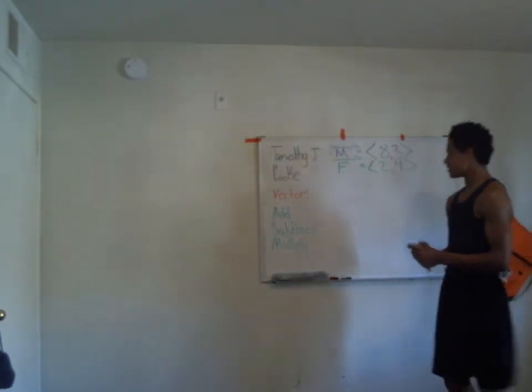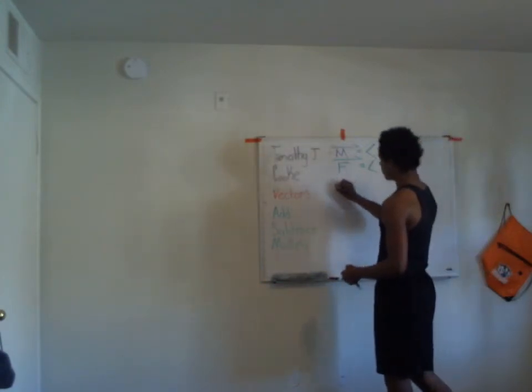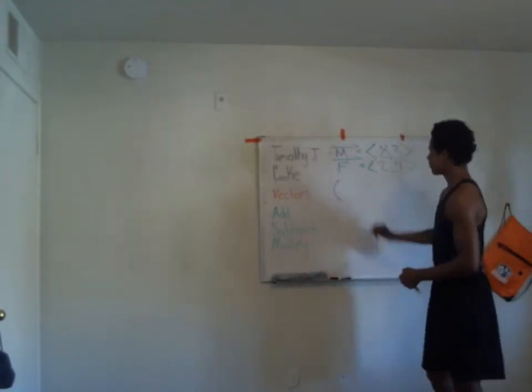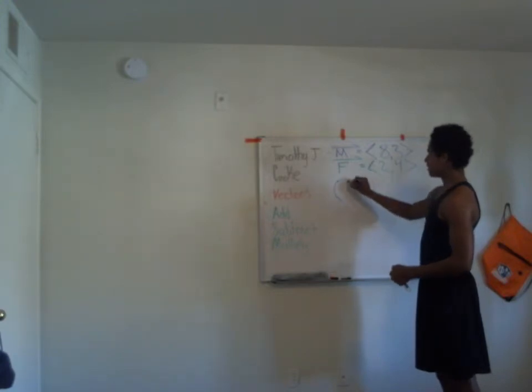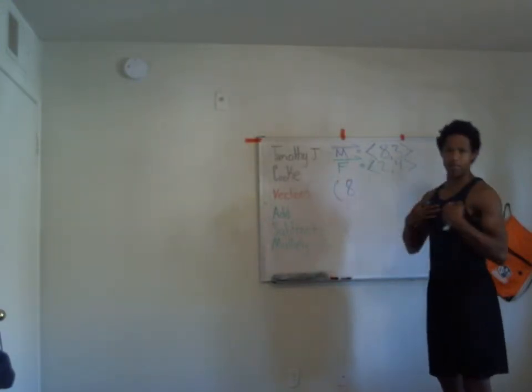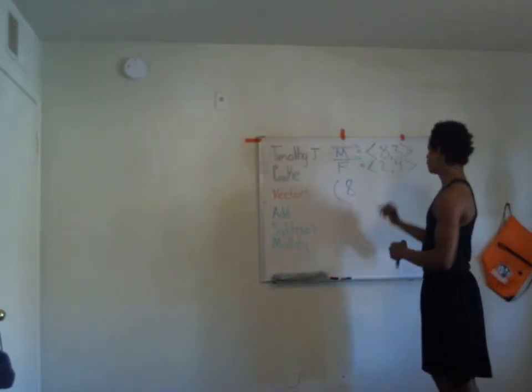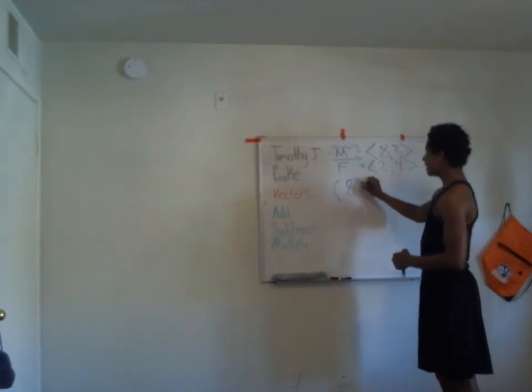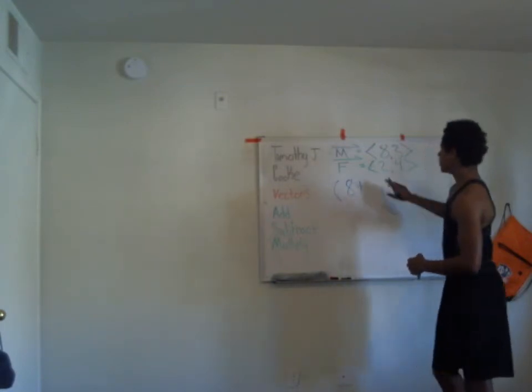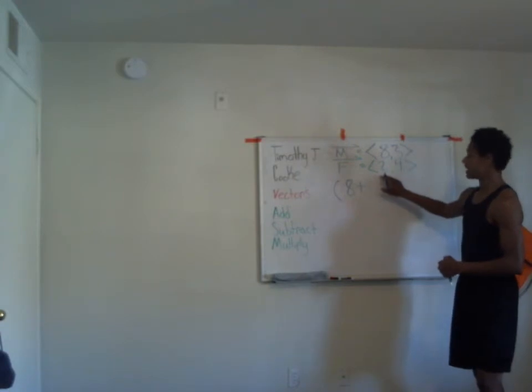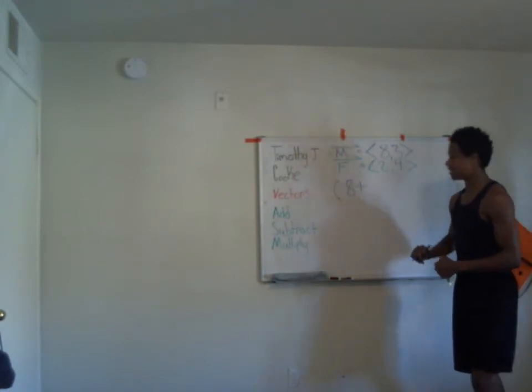So for instance, this is how we would do it. We'll put our first parenthesis. We'll put 8 because 8 is our x for my velocity moving forward. And we're adding 2 because 2 is the x of the football.